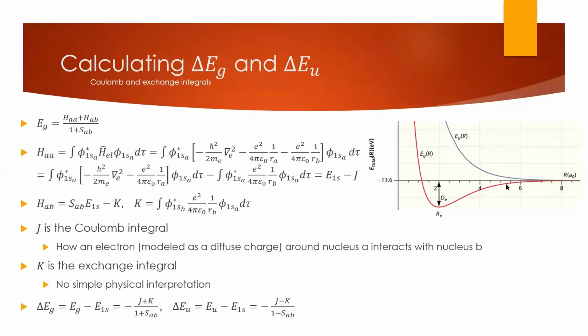However, the EG orbital has a region where there is lower energy than 0, or in this case, the negative 13.6, which is the energy of a hydrogen atom. So in this case, we can have stable bonding in this EG orbital. This shows us that our H2 plus molecule actually forms a stable molecule if the electron occupies the lowest energy orbital, which is the EG orbital, and we'll call that sigma G, and we'll see that in the next couple slides.